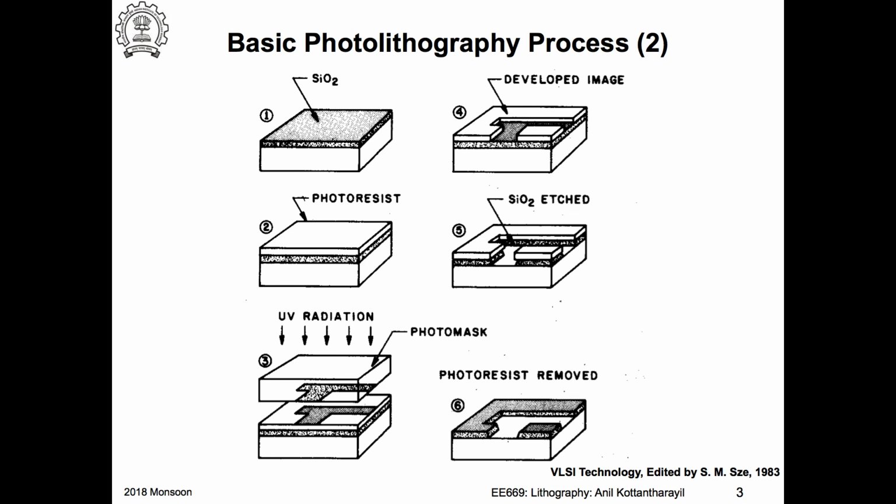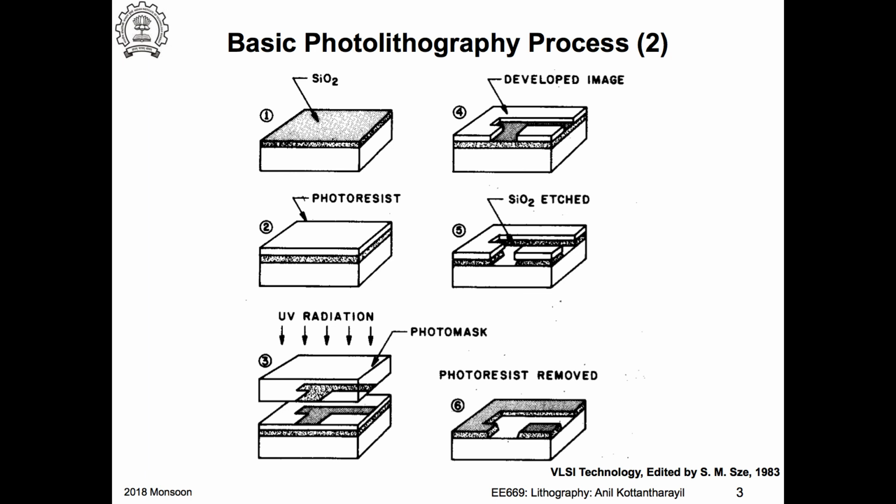In this particular case, you develop it. So what you do is you take this and put it in this chemical solution called developer. In this particular embodiment, the photoresist that is not exposed to light etches out very easily.